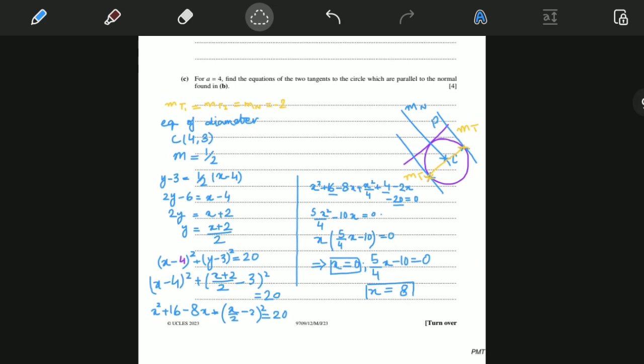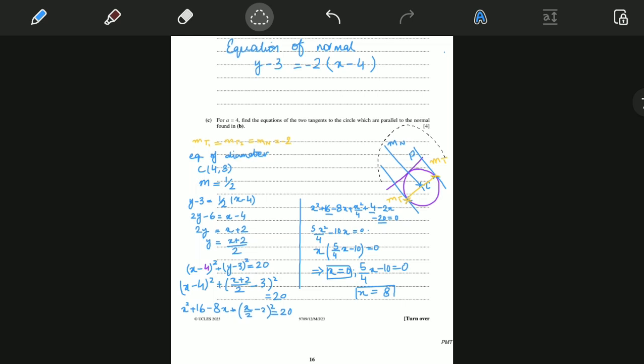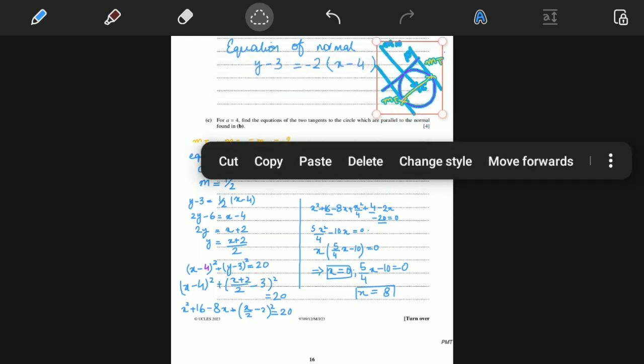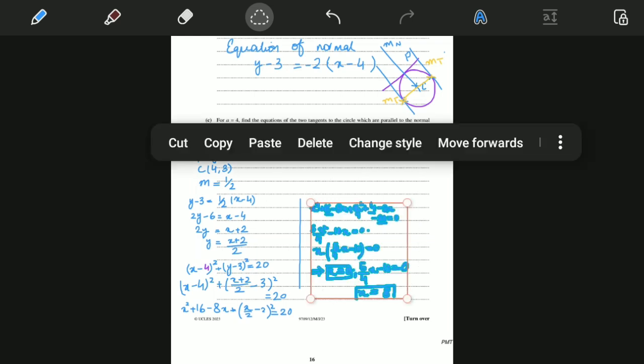Now we have to find the y because we need 2 points of intersection. Actually we need to shift this one as well. I'm shifting it upwards because we need a lot more working.